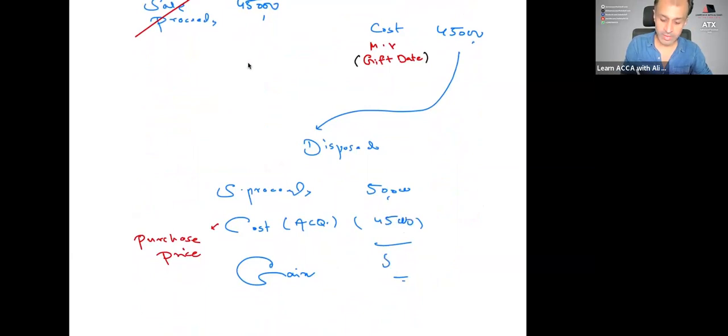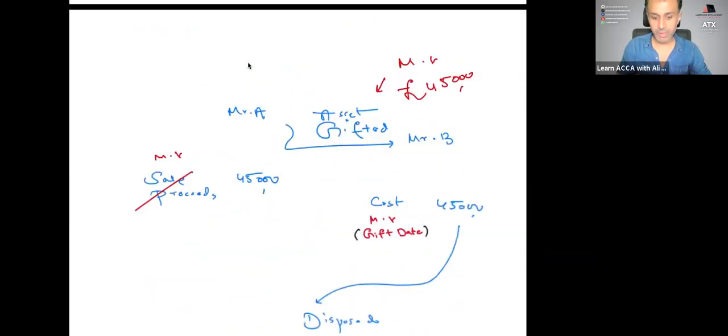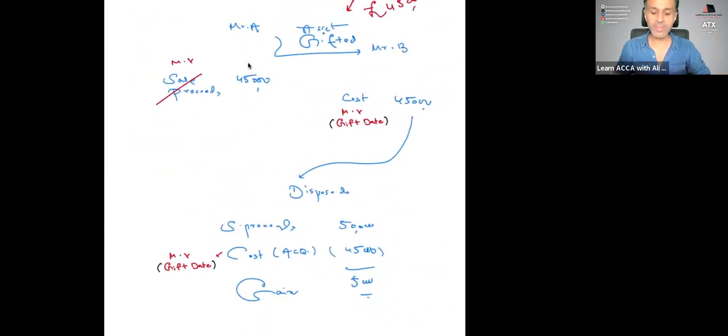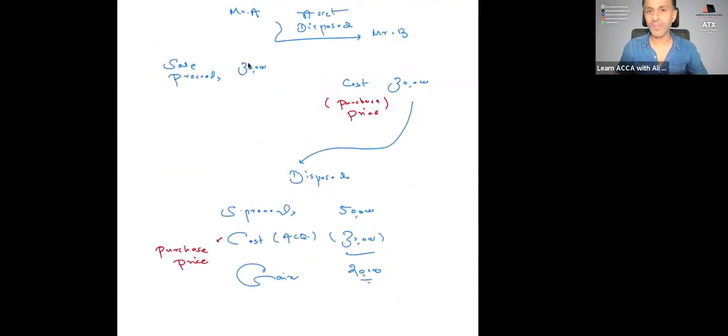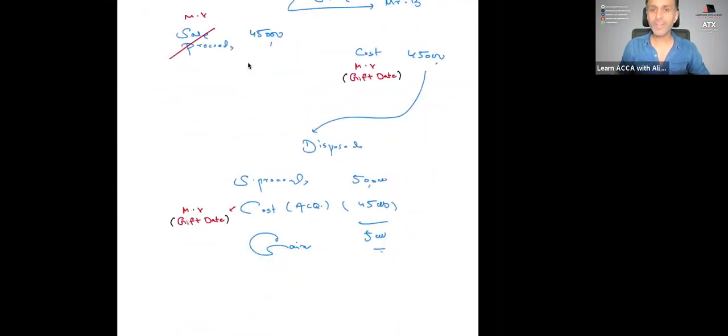The key thing to notice is that the cost of acquisition this time has turned out to be the market value of an asset on the date of the gift. This is what you have to understand, and I hope you have. Cost of acquisition usually takes purchase price, but occasionally can even take this. And you can best understand that case if you have understood this normal case first.